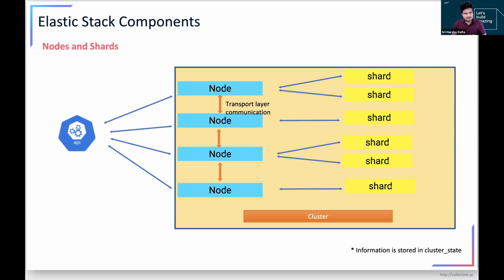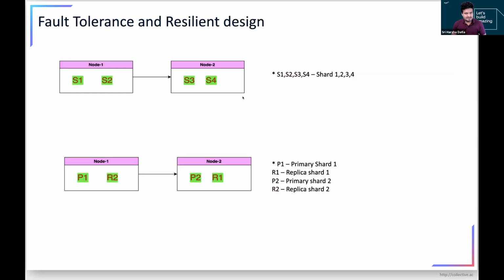So the first approach here is, let's say I have two nodes and I'm storing four shards in them: S1, S2, S3, and S4. Now, if node 1 dies for some reason, the data stored in those shards is gone too. We wouldn't want that.